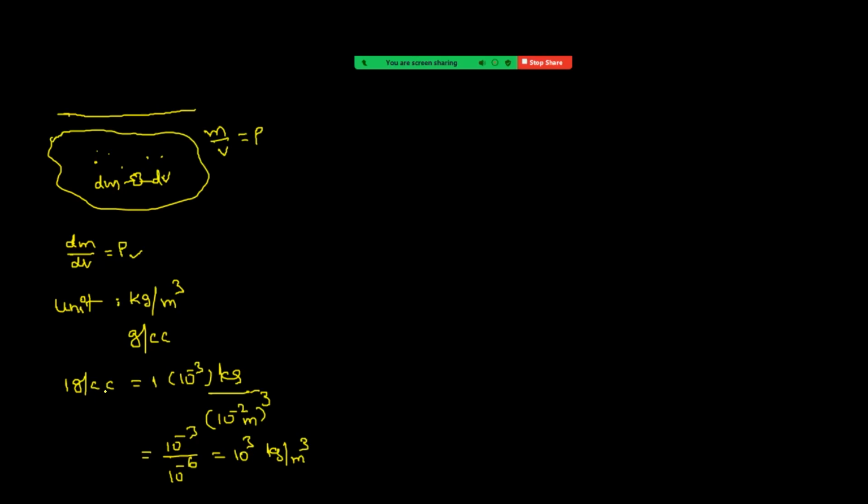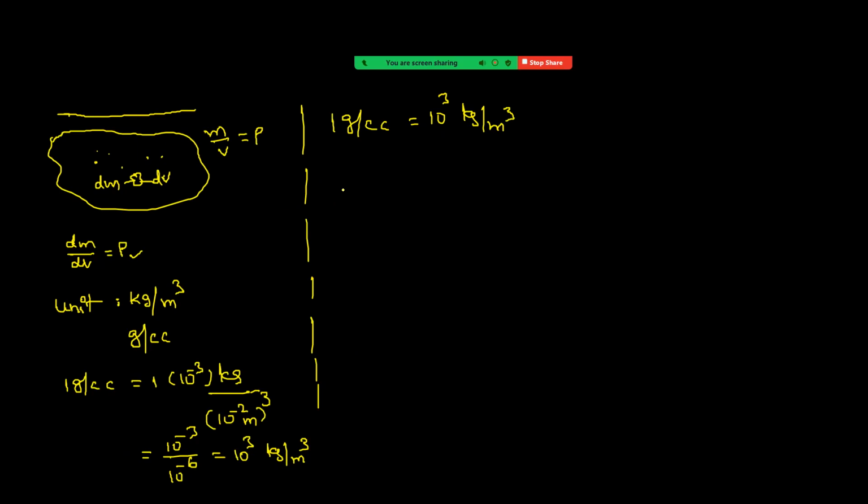So this converts gram per cc into kg per meter cube. Suppose you are taking the density of water: density of water is 1 gram per cc, which is equal to 10 power 3 kg per meter cube.